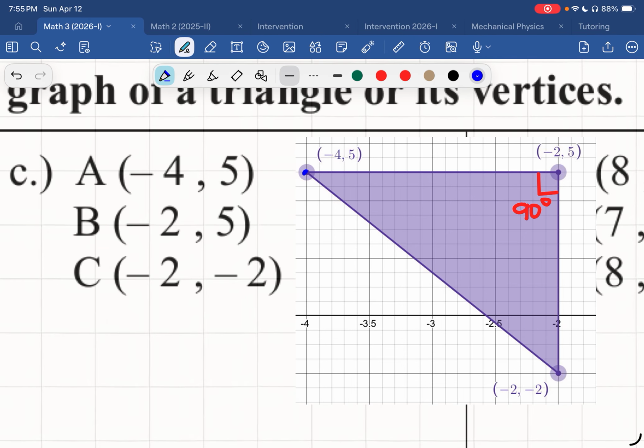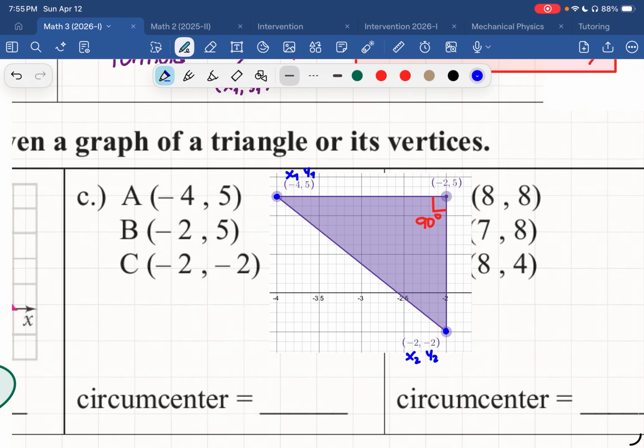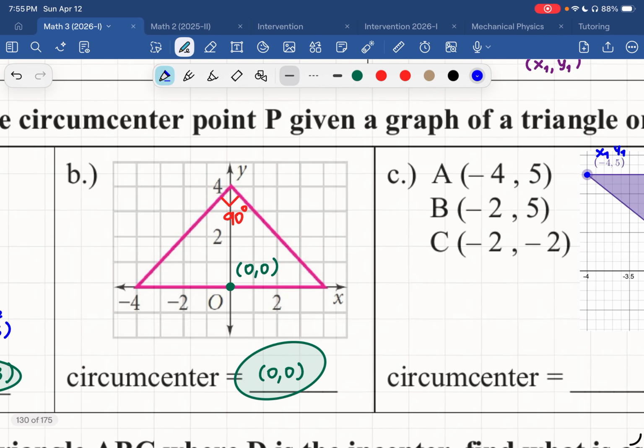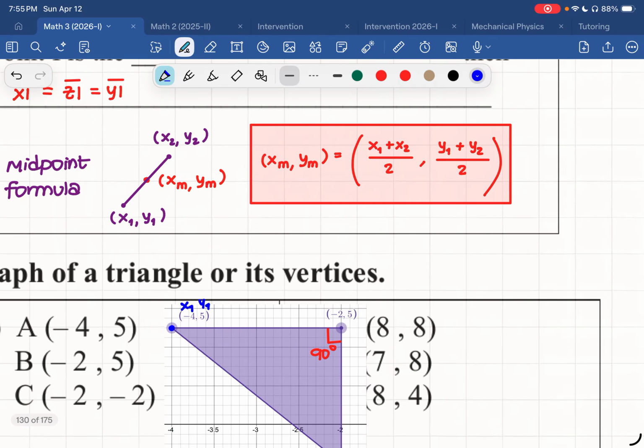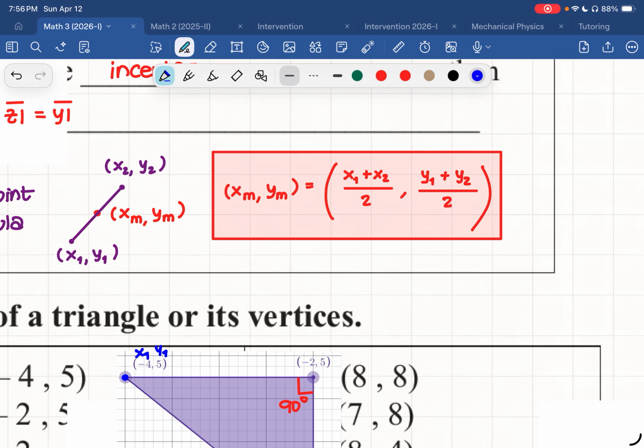This is x1 and y1, which is negative 4 comma 5, and this is gonna be our second point, which is gonna be x2 and y2, right? So we're gonna use the formula that we just learned: x1 plus x2 divided by 2, and y1 plus y2 divided by 2, right?